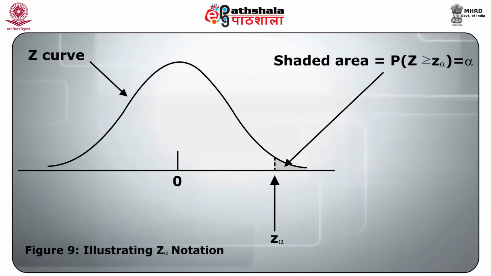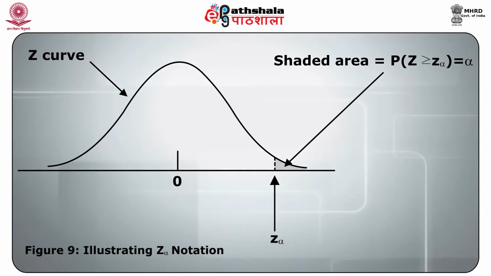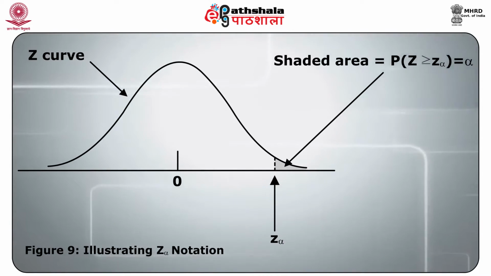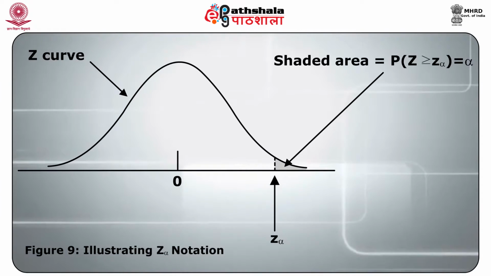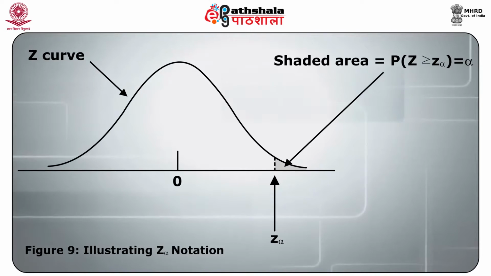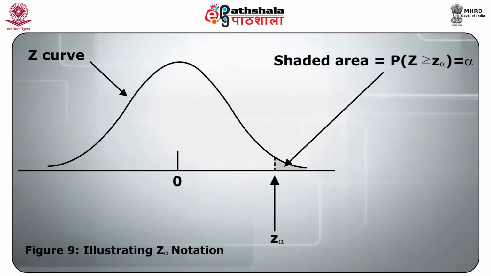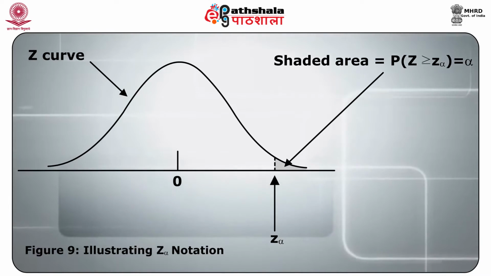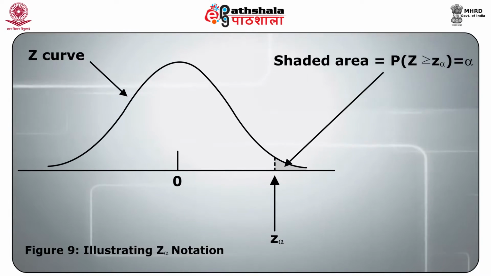Further, this implies that the area to the left of Z alpha is 100 times (1 minus alpha) %. Thus, by definition, we can say that Z alpha is the 100(1 minus alpha)th percentile of the standard normal distribution. By symmetry, minus Z alpha is the value that captures alpha area to its left.